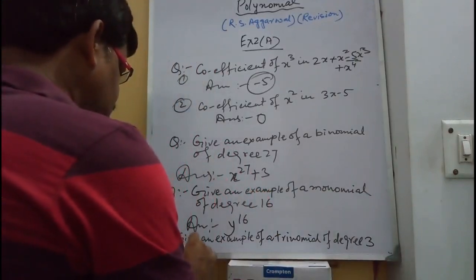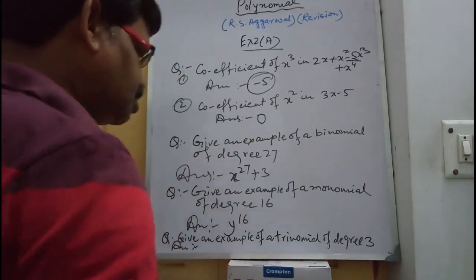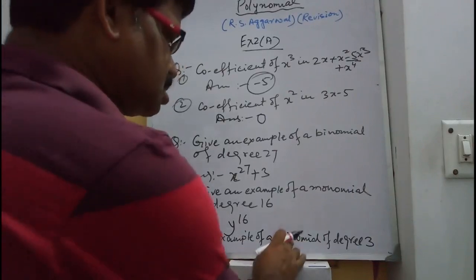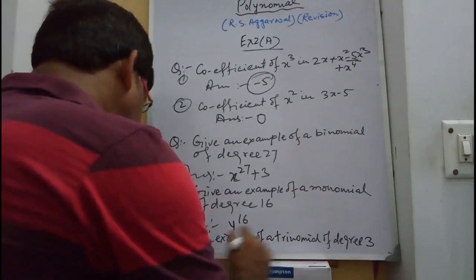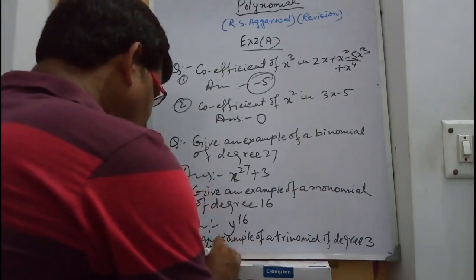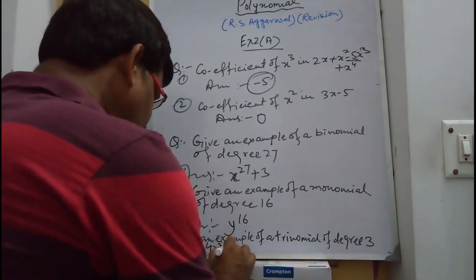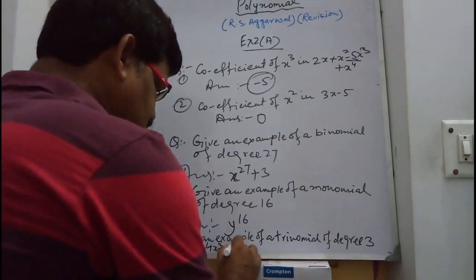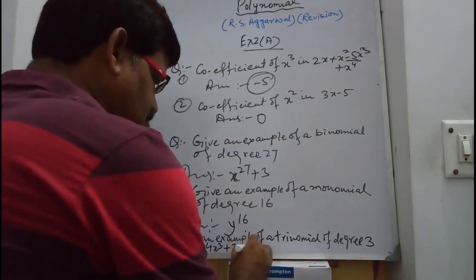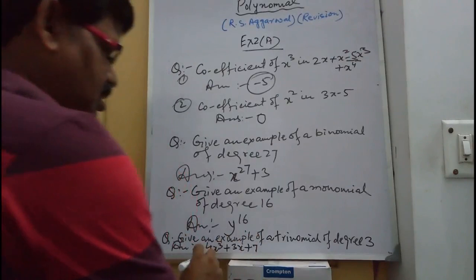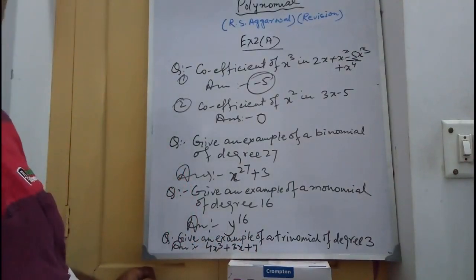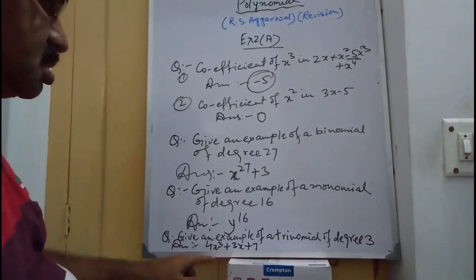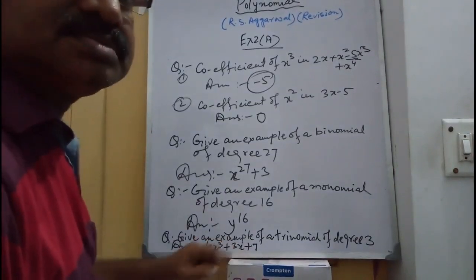So answer, as you have to write 3 terms, that means trinomial of degree 3. So 4x cube plus 3x plus 7. So it becomes a trinomial of degree 3. 4x cube plus 3x plus 7.